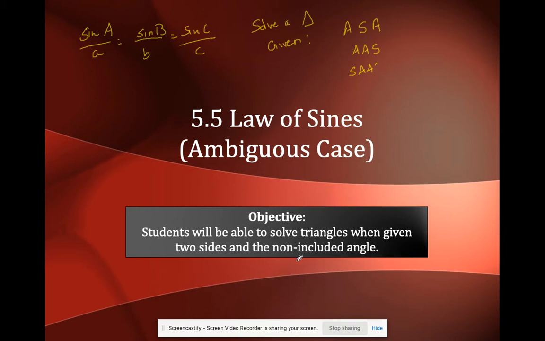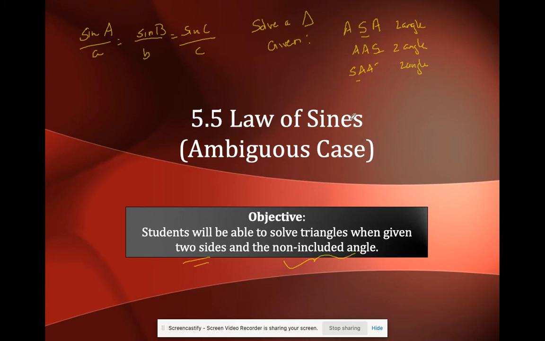That's when we've used the law of sines. Well, what about when you are given two sides? That's neither one of these cases. This is two angles, this is two angles, and this is two angles and one side, in each one of those cases. What about when I give you two sides and the non-included angle?